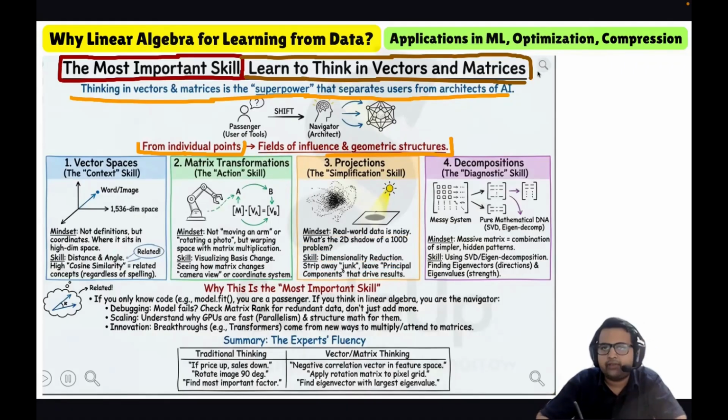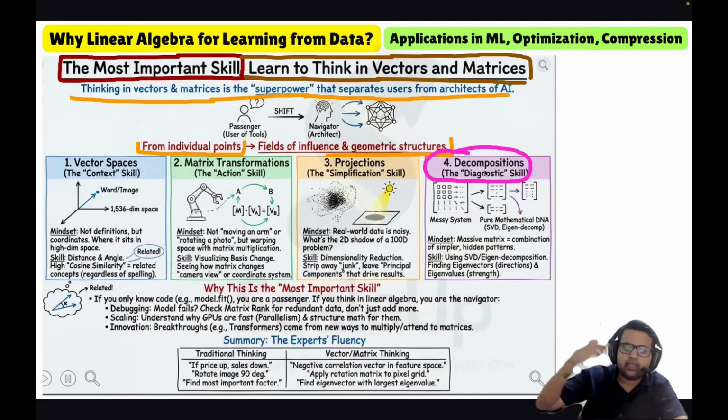And then we have thinking in terms of decompositions, the diagnostic skill. So first let us understand the meaning of it. This is the highest level of thinking, taking a complex, messy system and breaking it into its pure mathematical DNA.